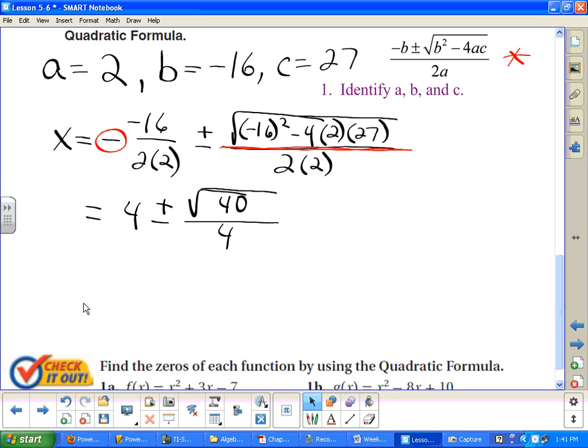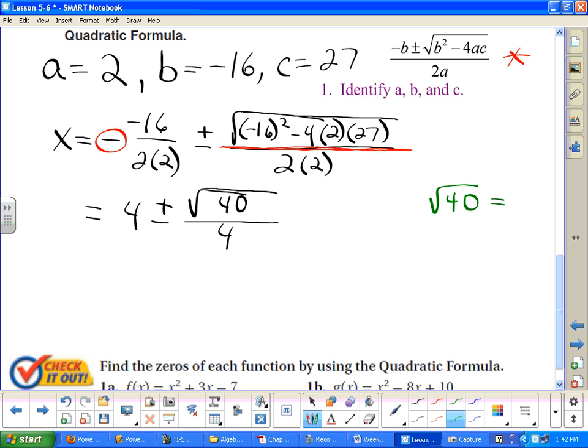Now we have to use our skills with radicals. So let's pull that over here. Square root of 40. What does that equal? It would equal 6.34 if I did the square root of 40, but I have to simplify the radical, one of the things we've done a few times in this class.